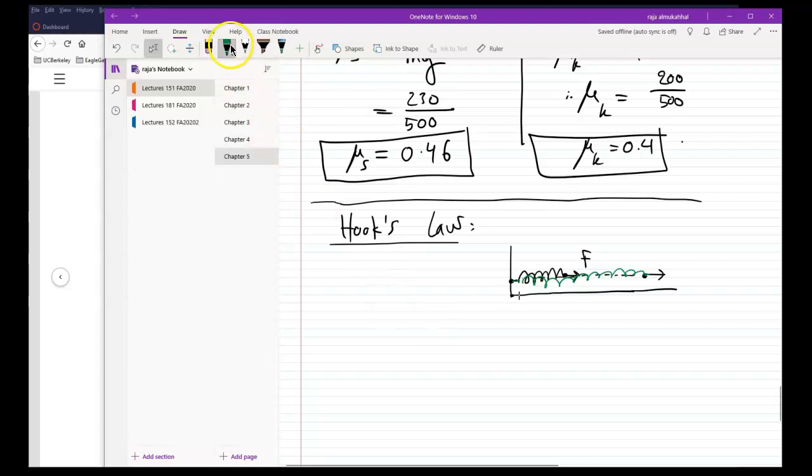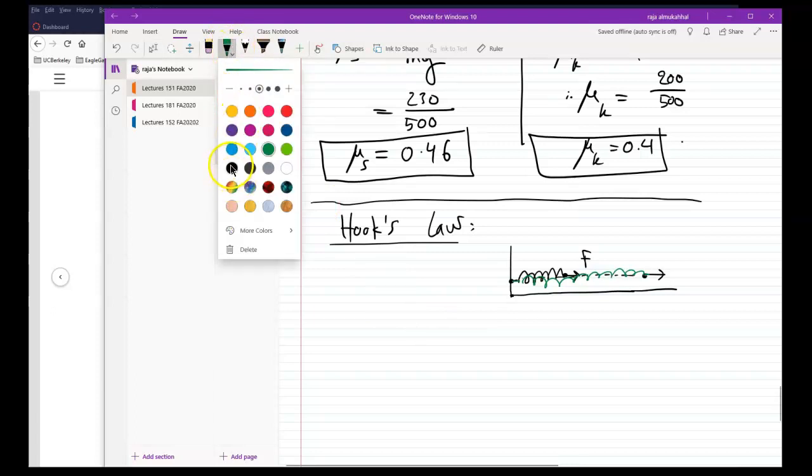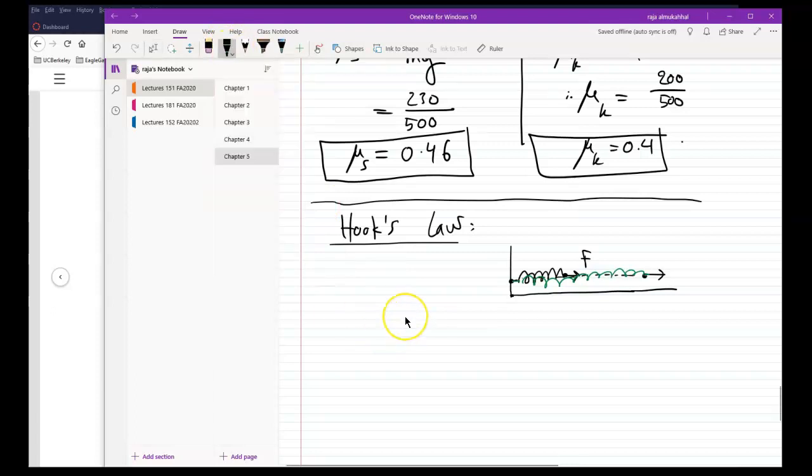So remember, you started here. There's the spring, right here, where the stretch is 0. You see what I'm saying? X equals 0. When you say X here, we mean the stretch, or the compression.